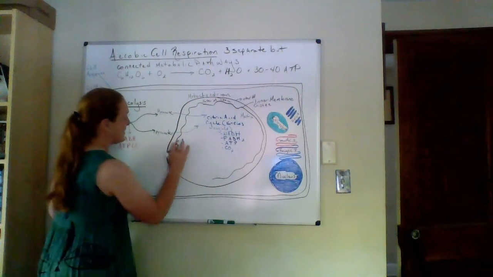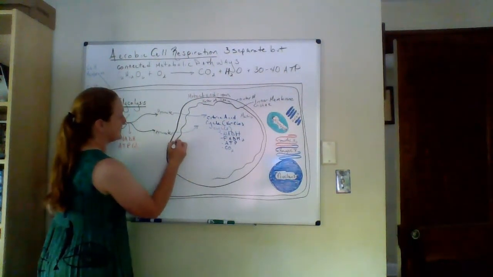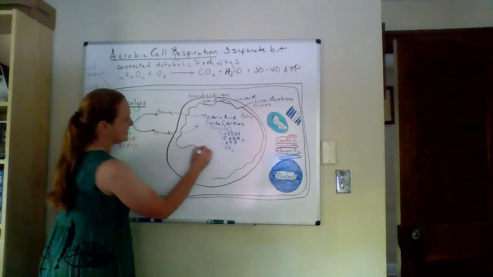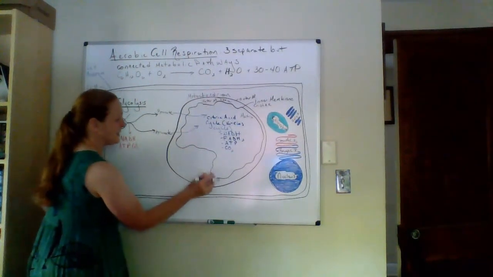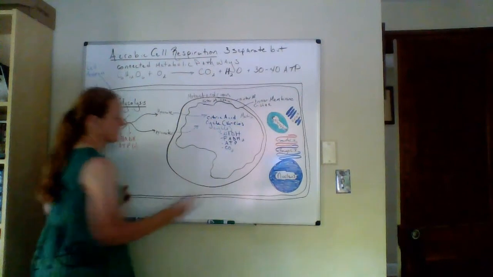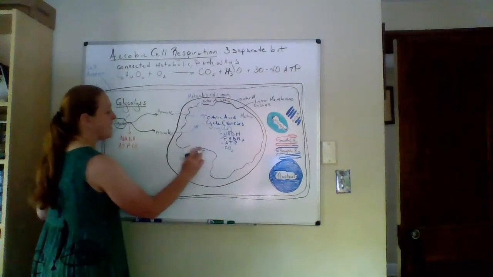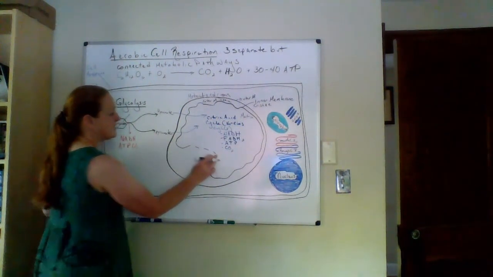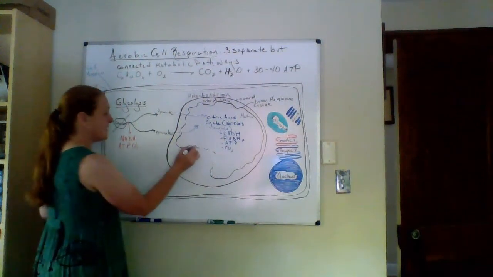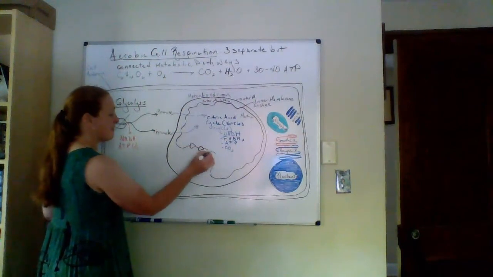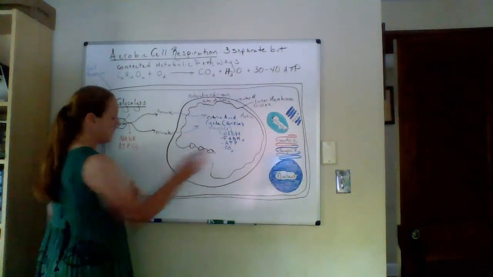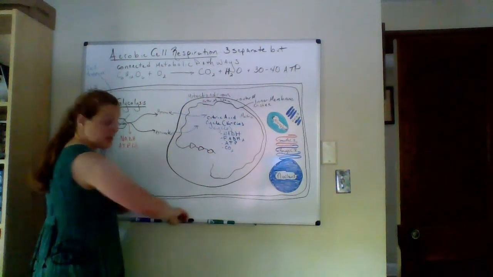So I'm going to bring this inner membrane just a little bit bubbled out, because what I want to draw in my inner membrane, my cristae, is this sequence of proteins, the electron transport chain. They're all embedded here in the membrane.